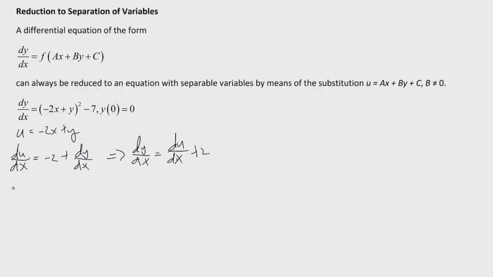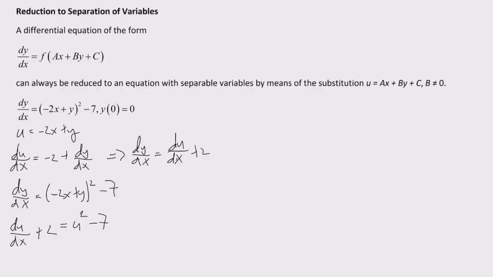Our original equation was dy/dx equals (negative 2x plus y) squared minus 7. And swap out dy/dx for du/dx plus 2 equals u squared minus 7.